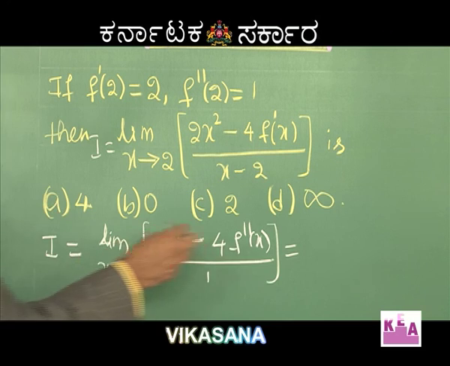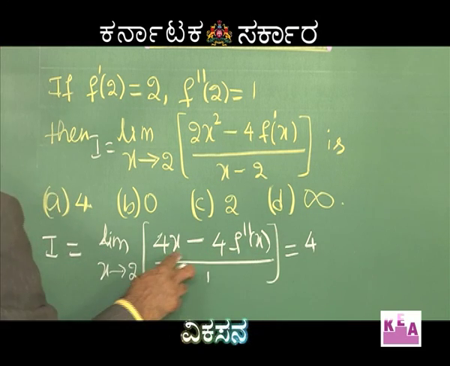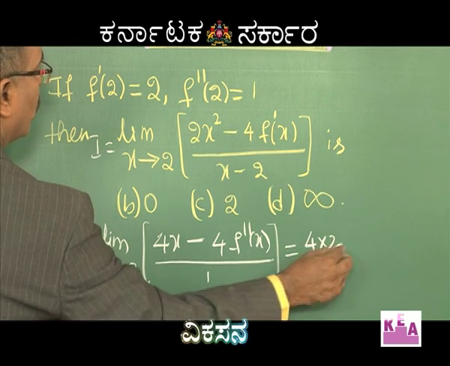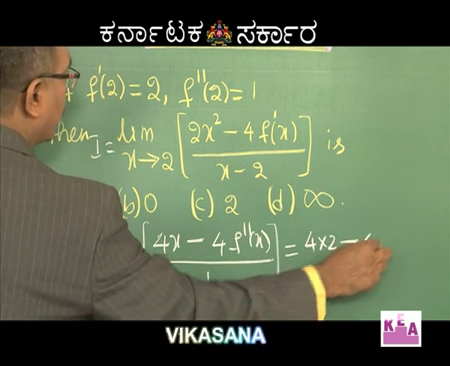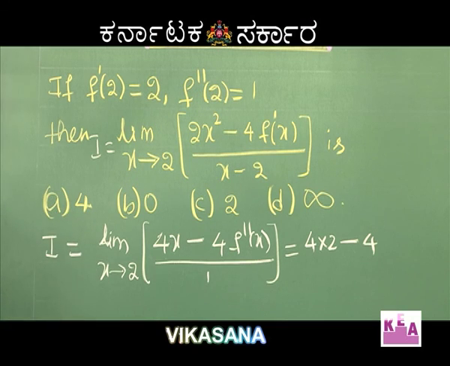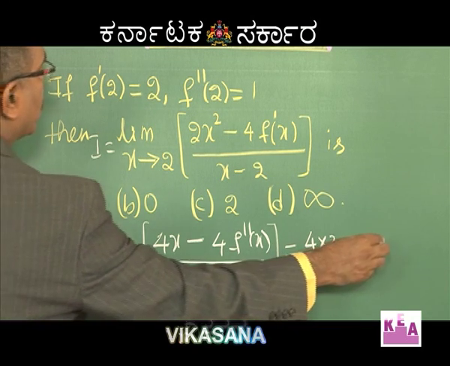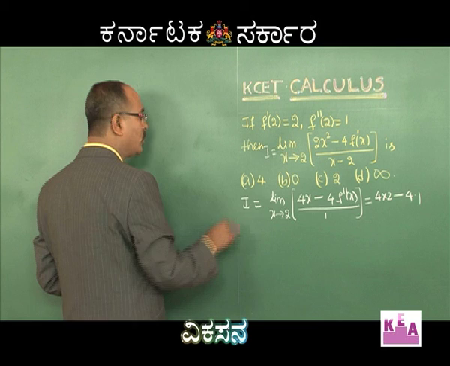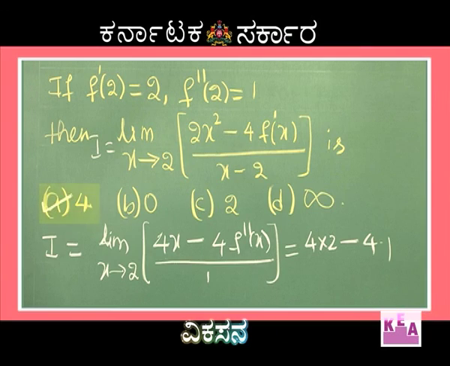So we will get 4 into 2, because limit x tends to 2, 4 into 2 minus 4 times f double dash of 2, which is given as 1. So 8 minus 4. 8 minus 4 is what? It is simply 4. Therefore, option A is correct for this.